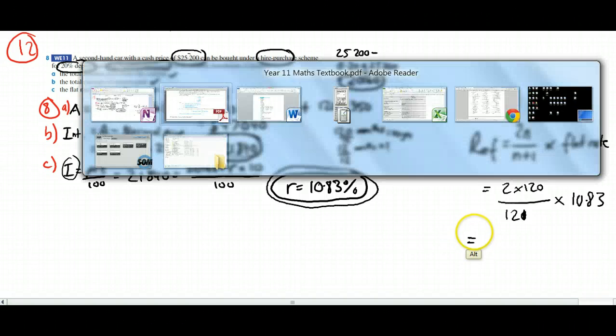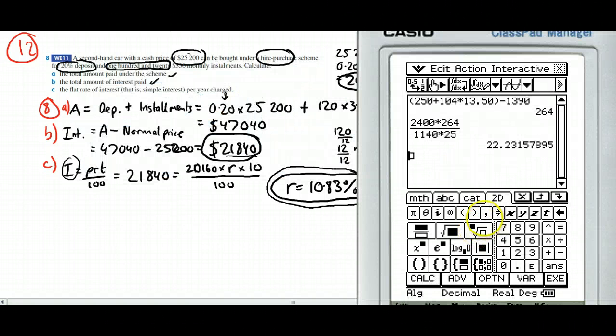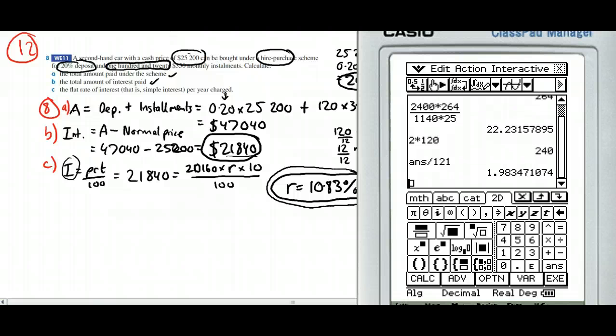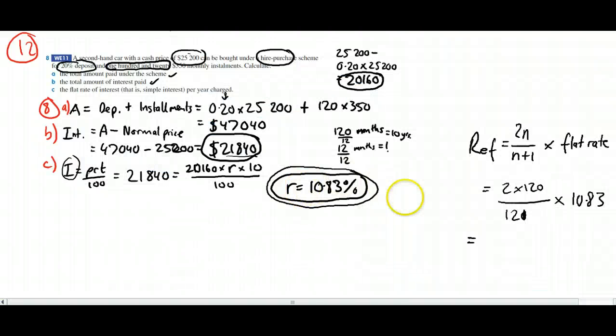When we put that into the calculator, we get 2 times 120, divided by 121, multiplied by the flat rate of 10.83%, and we get 21.48%.